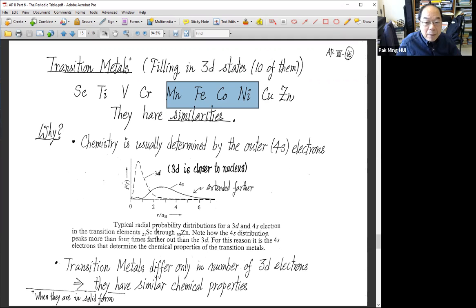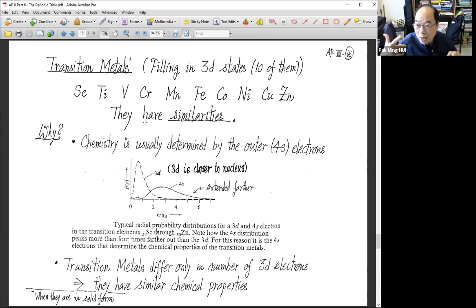Okay, but in chemistry, it turns out these so-called transition elements, transition metals, are chemically rather similar to each other. They have similar chemical reactions with other things, although they are different elements.